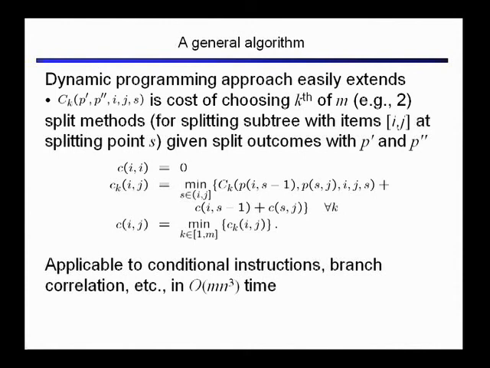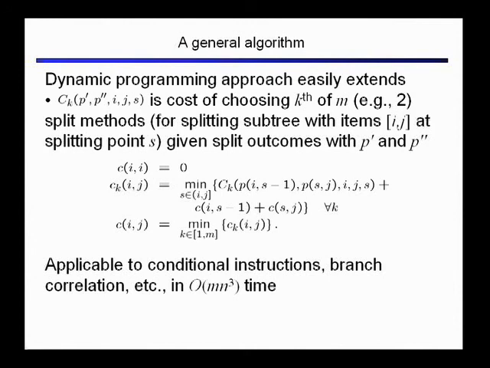But there are other things that you might want to do, such as conditional instructions or other types of models that are more complex. And in order to get all these complex models, I want to come up with a very general dynamic programming approach.